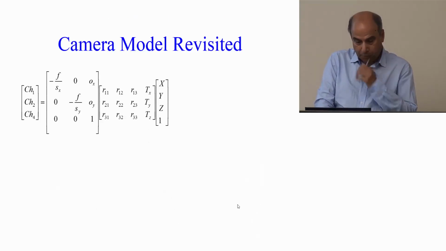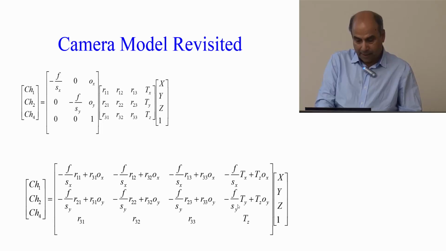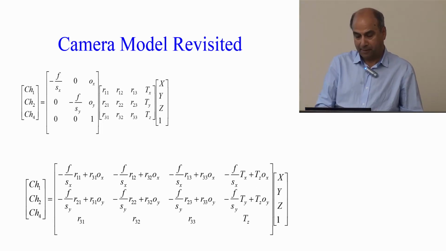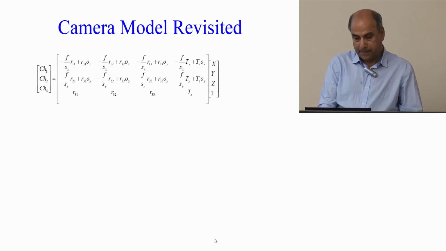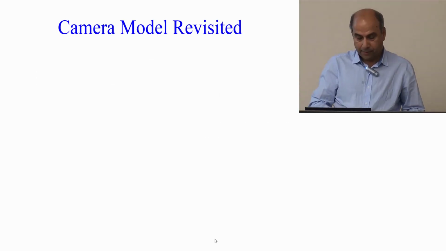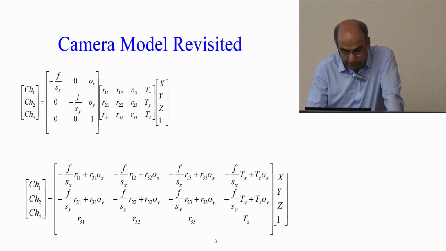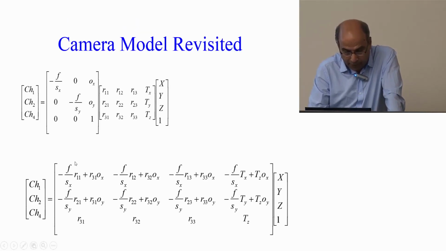Okay, so that's that, and we can again multiply these two matrices and we come up with the monster matrix, all these terms there, and it becomes like that. And we can simplify this with scaling, because for the focal length there's a different scale in the x (horizontal) direction and a different scale in the y direction.